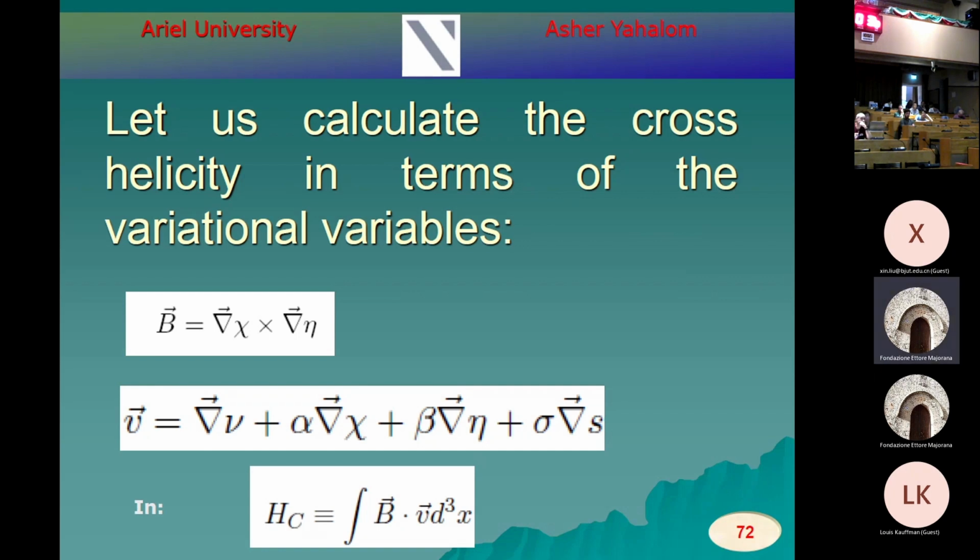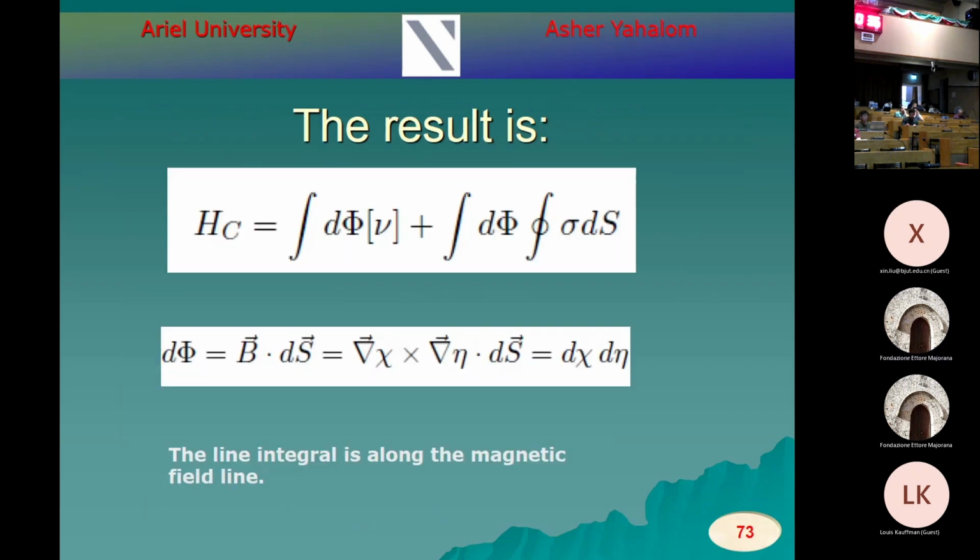Okay? Now let's look at B and V again. B is given in a Sakurai form. V is a generalized Clebsch form. We dot them. Of course, when we dot them, the 2 terms in the middle, grad chi and grad eta, drop because of the dot with the B. Okay.